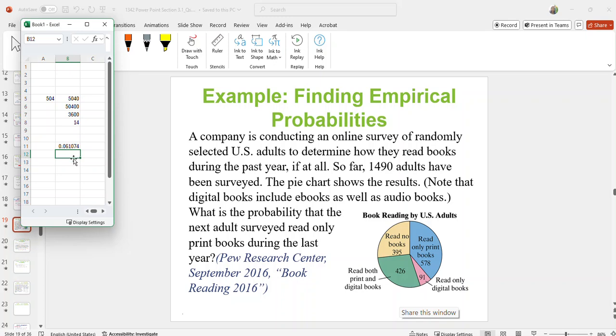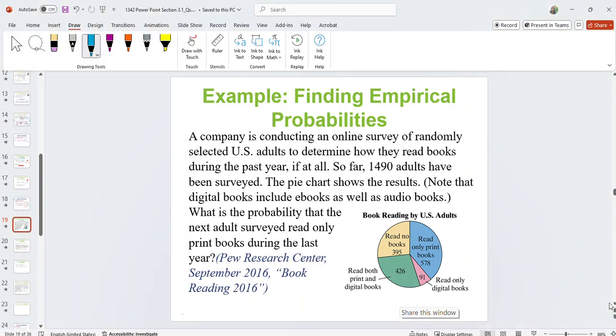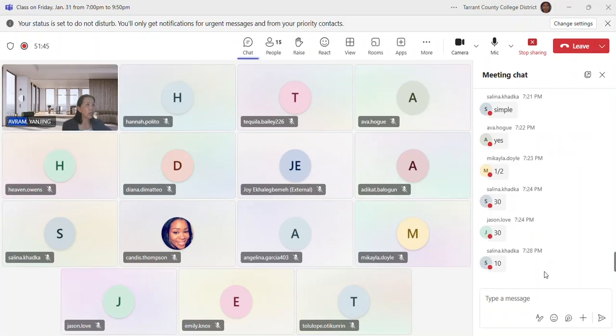If I insert a percentage and round to the integer, that is only about 6% of the people reading digital books, or 0.06, getting rid of the percentage. So that is how you calculate the empirical one.